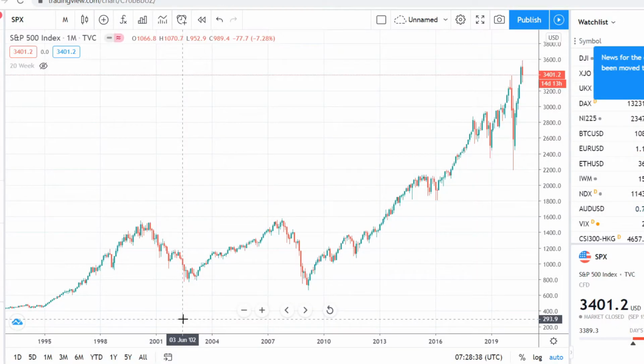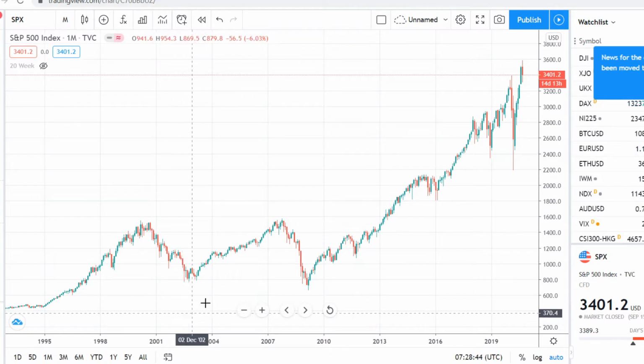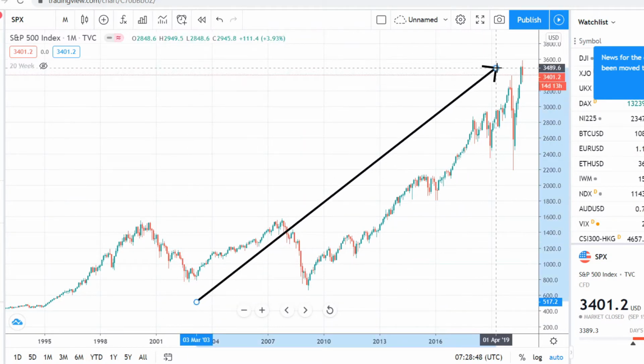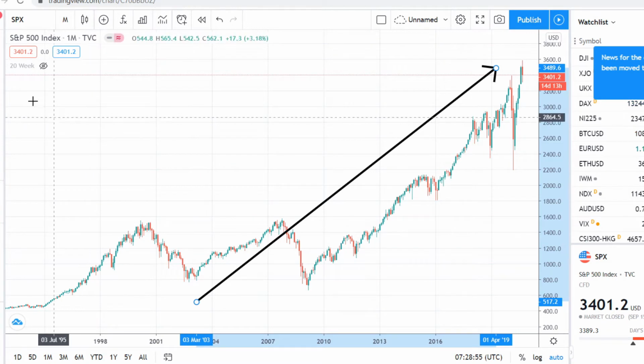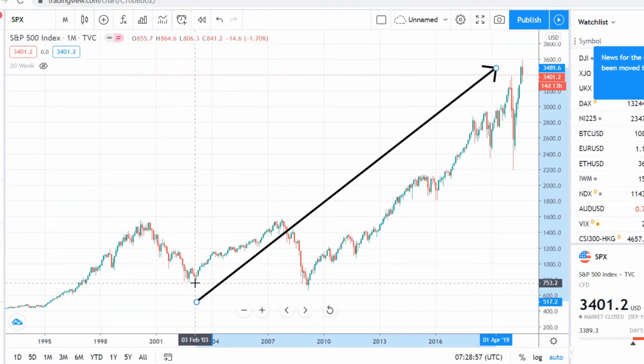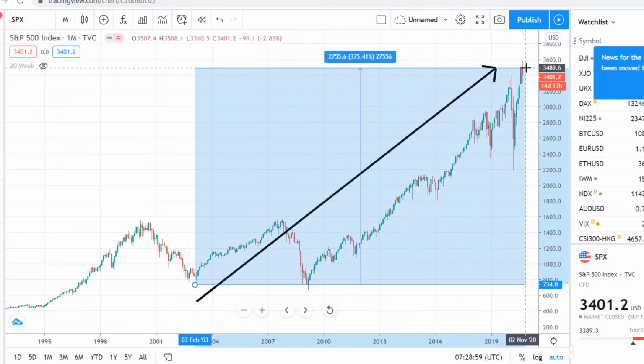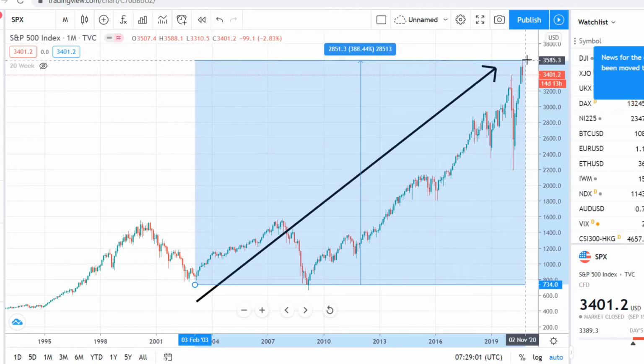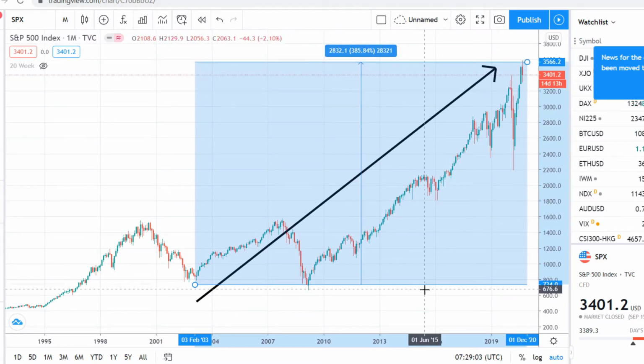Okay guys, so here we're looking at a chart of the S&P 500, which is the largest 500 companies in America. As you can see, we're looking at about a 30-year chart, and ever since the year 2001, after the tech stock bubble crashed, we can see that the S&P 500 has actually gained around 350%. We got 390% here, guys. So that means it's nearly 5x.